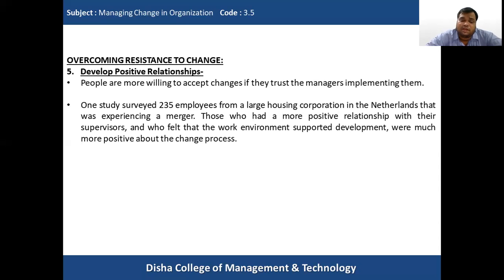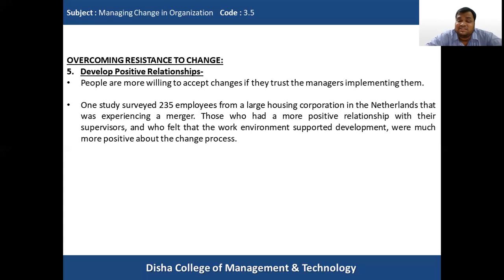So the employees in that housing corporation that was undergoing a merger, who had a positive relationship with the supervisors, trusted the work environment and believed that it supported their development.